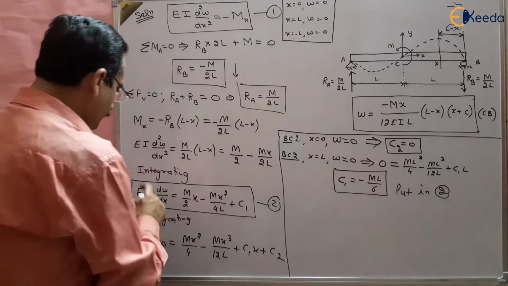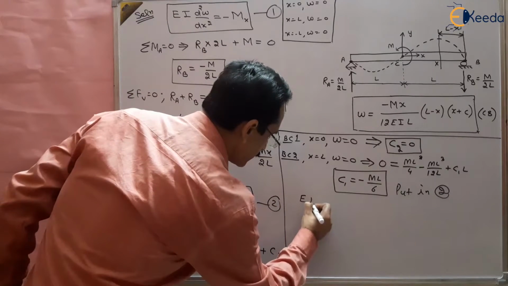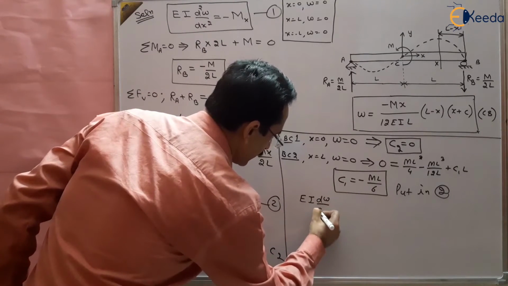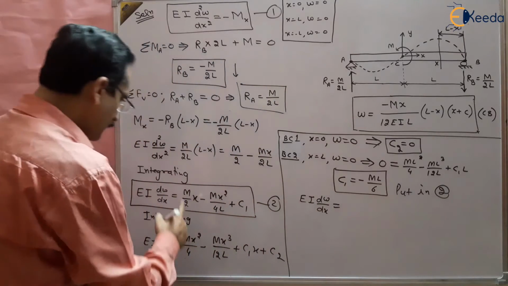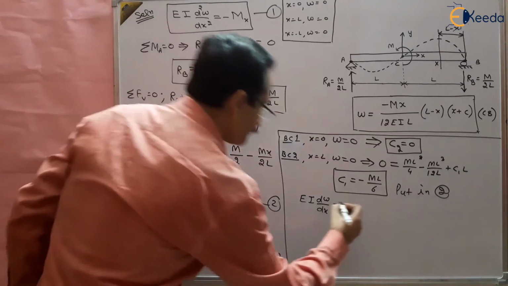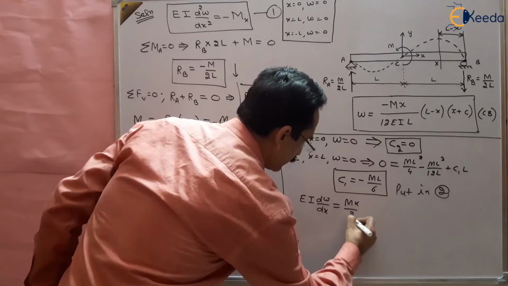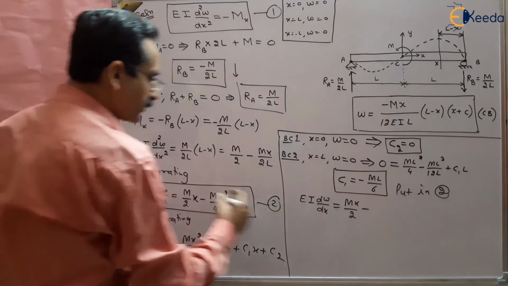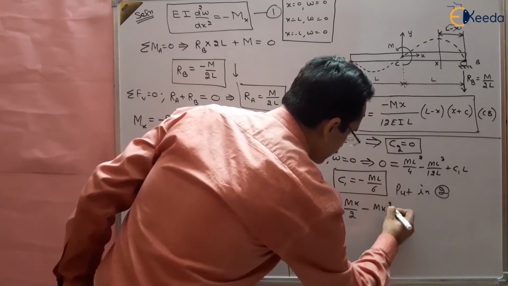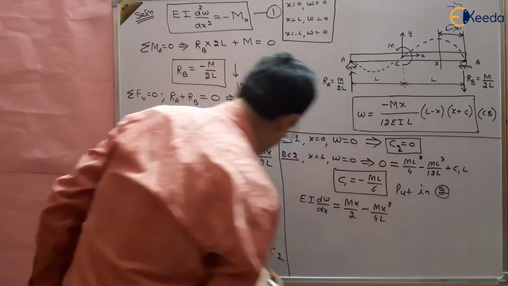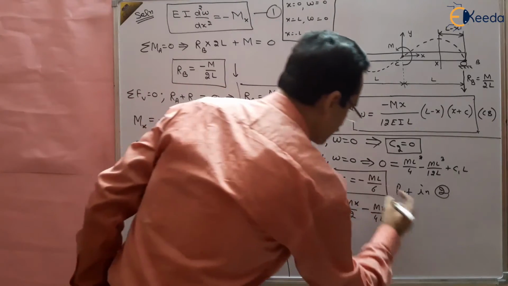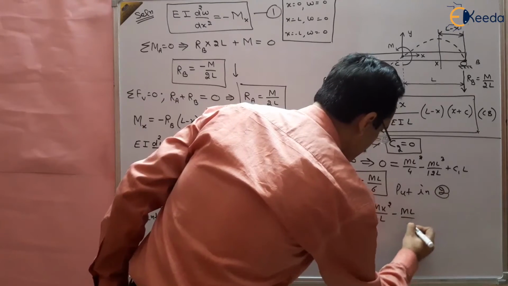So EI dw by dx will be equal to mx by 2 minus mx square by 4l plus c1, and c1 is this value, minus ml by 6.